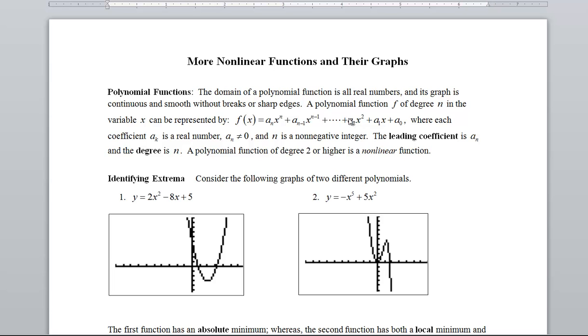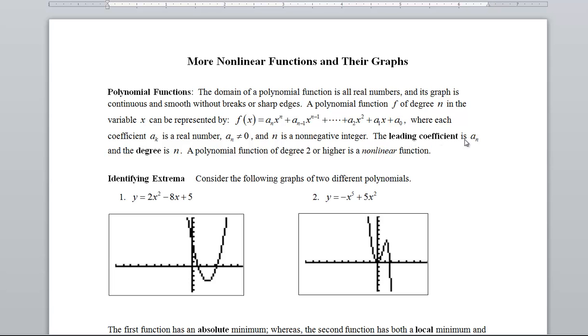So if I have a quadratic, I have to have an a value other than 0. n is a non-negative integer. So my n values are non-negative. They're positive all the way down. So here is x to the first. This one would be x to the 0.